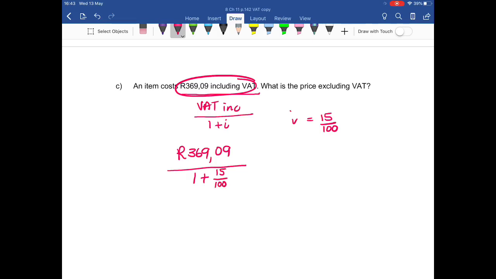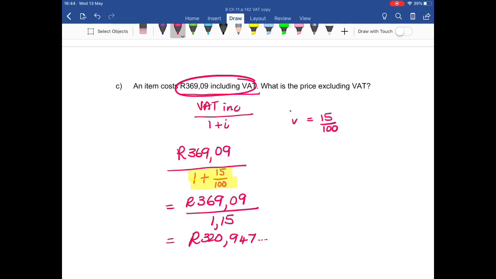And I want you to work this out first before you do your division. Okay, so if we do that, you're going to get 369,09 over 1,15. So now you're going to take 369,09. You're going to divide it on your calculator by 1,15, and your answer will be 320 Rand, 947.